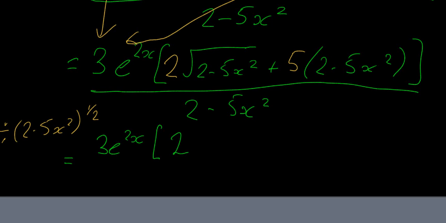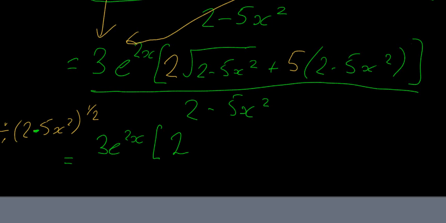So naturally, if you divide this first term by the square root of 2 minus 5x squared, you're going to be left with 2. Dividing this one over here, now this has an index of 1, and if you divide by the same bracket term to the power of half, you're subtracting this index by half. That's a pretty ugly looking 1, so let me redraw that.